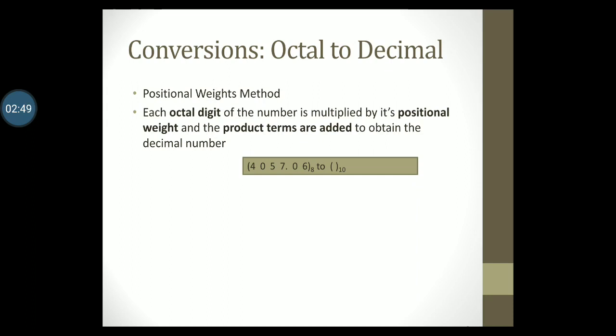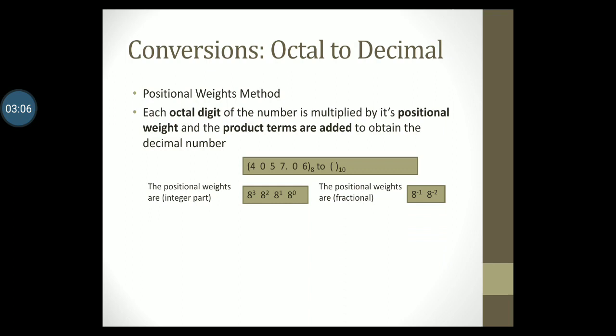4057.06 to the base 8, convert it to decimal. The positional weights for the integer part of the number are 8 raised to 3, 8 raised to 2, 8 raised to 1 and 8 raised to 0. The positional weights for the fractional part of the number are 8 raised to minus 1 and 8 raised to minus 2.